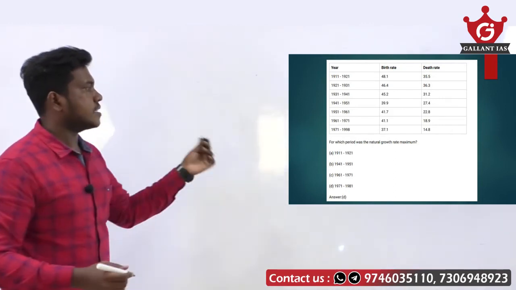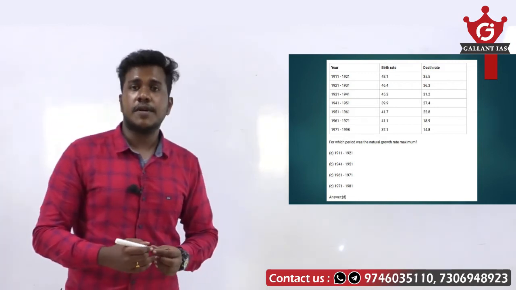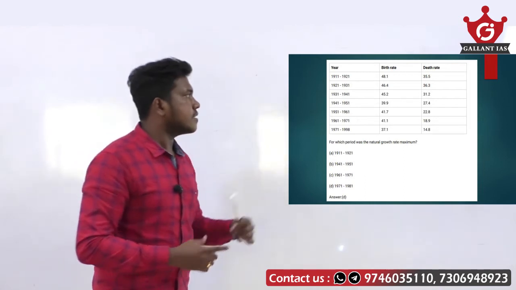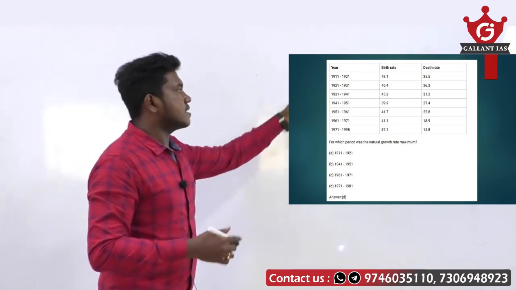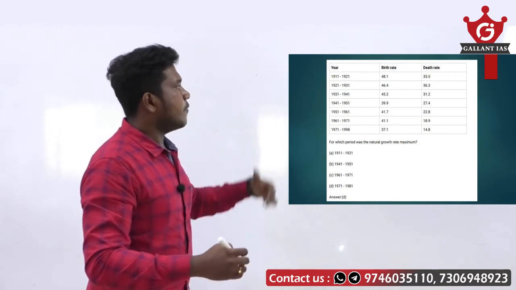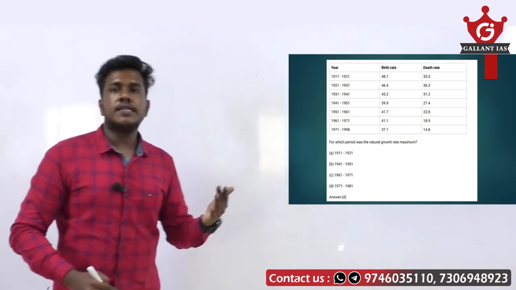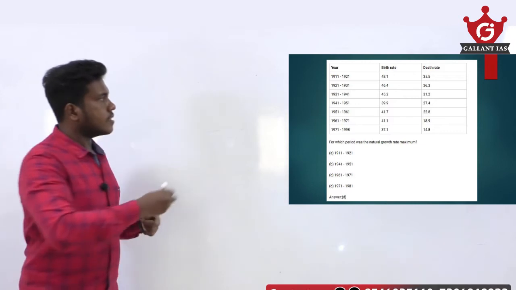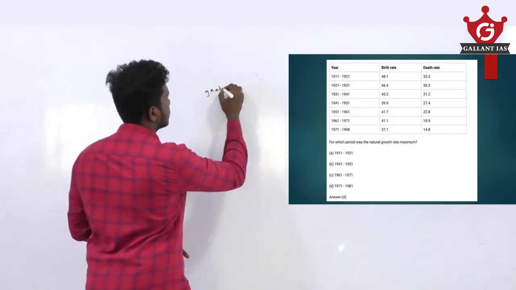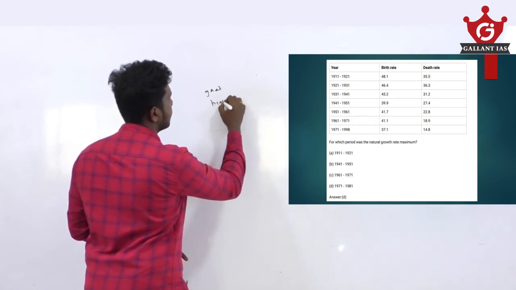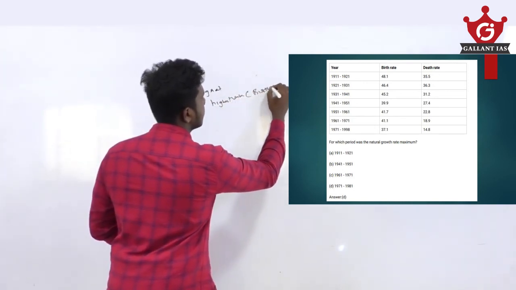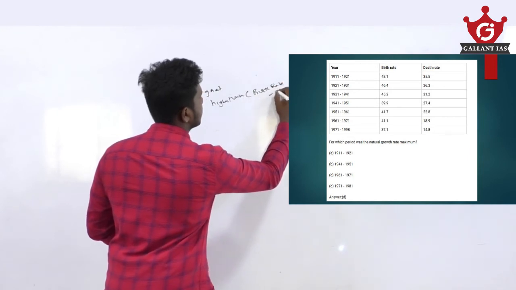Here the chart is given and the birth rate of certain periods is also given, and from that we need to find which has the highest value of birth rate minus death rate, okay.